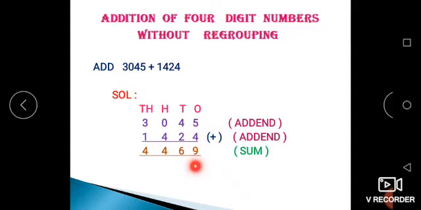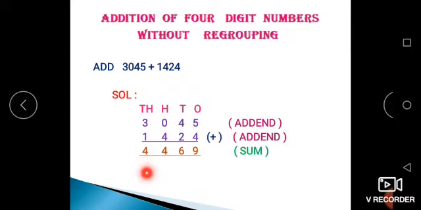We find the answer, which is the sum of the addition. Okay. First we find the answer for the ones column: 5 plus 4, the answer is 9. Then the tens column: 4 plus 2, the answer is 6. Next the hundreds column: 0 plus 4, the answer is 4.